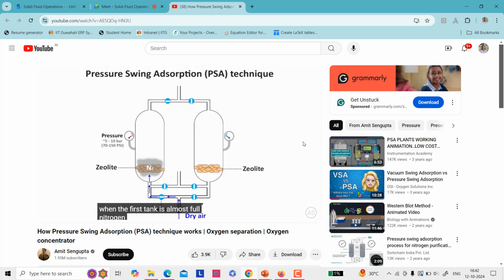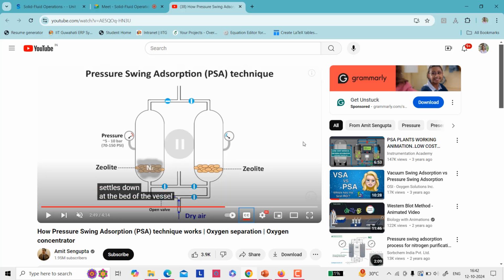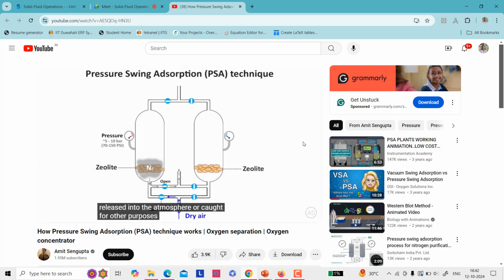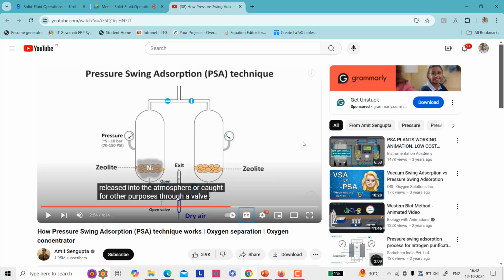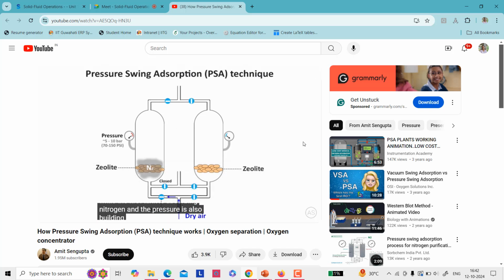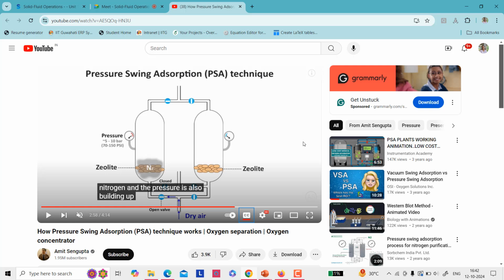Later on, it is released into the atmosphere or caught for other purposes through a valve. While the first tank is adsorbing nitrogen and the pressure is building up, at some point it will get full. When the first tank is full, the pressurized oxygen is caught through an outlet.